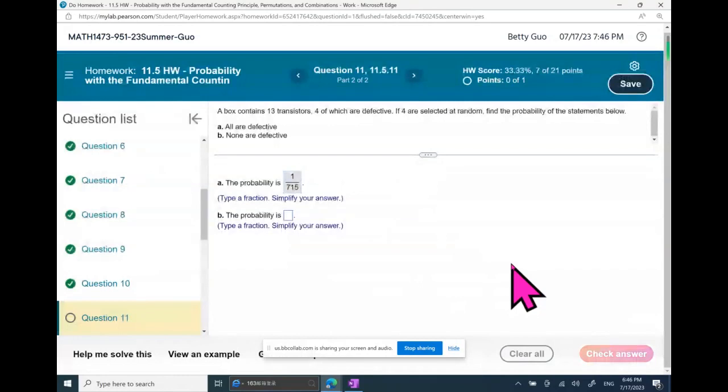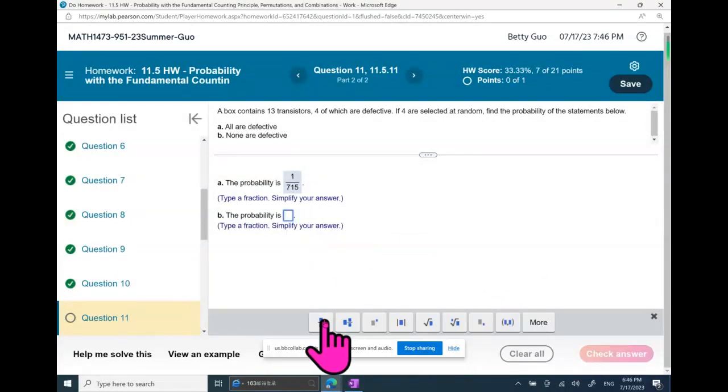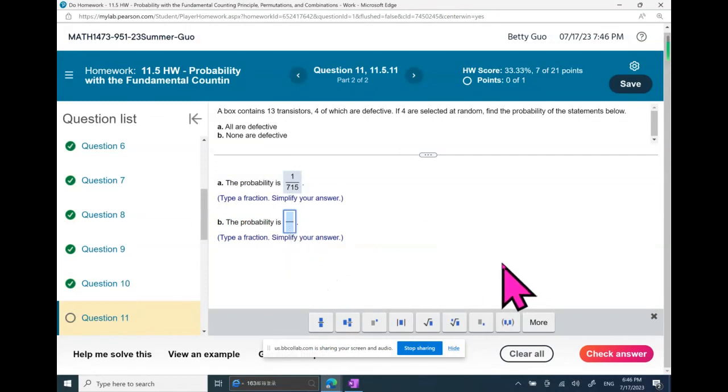Part B is to find the probability that none of them are defective. Remember, it's the same experiment, so the denominator is the same, 715. Let's see what the numerator is.